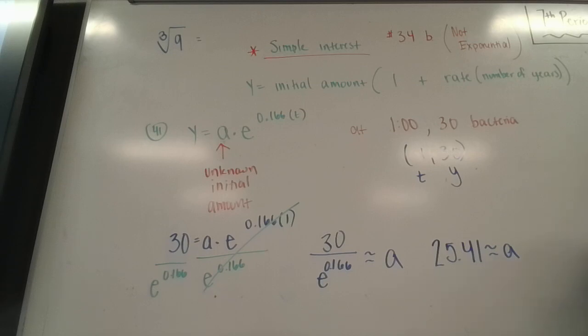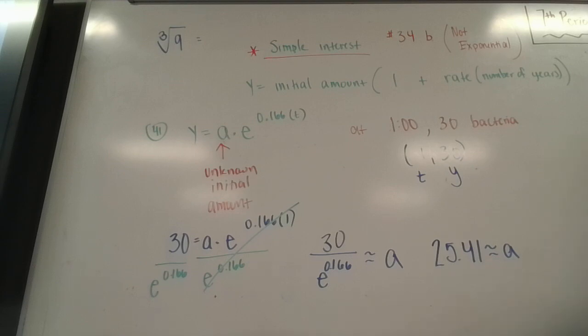Okay, 4.8. What's 30 minus 4.8? Ooh, pretty close. That would be 26.2. Okay, so that's pretty close to what we found with our algebra.